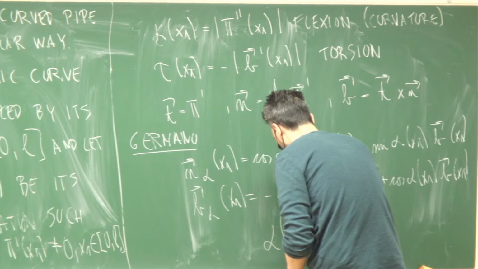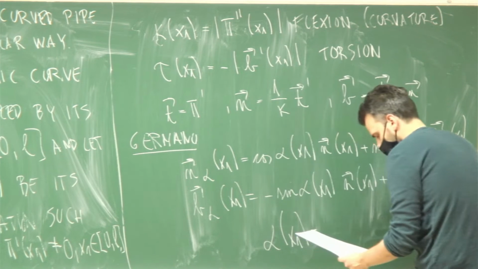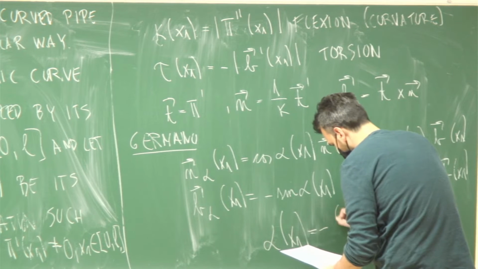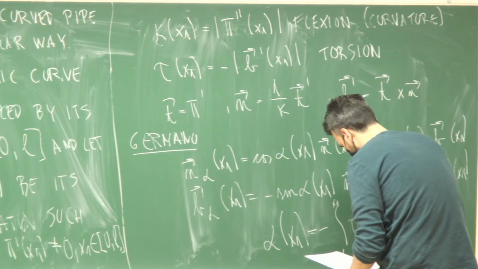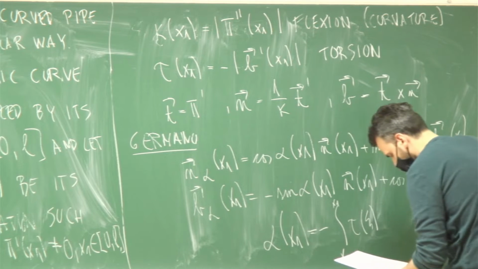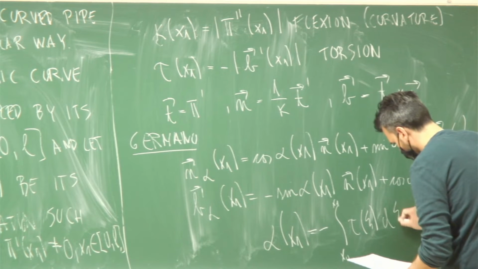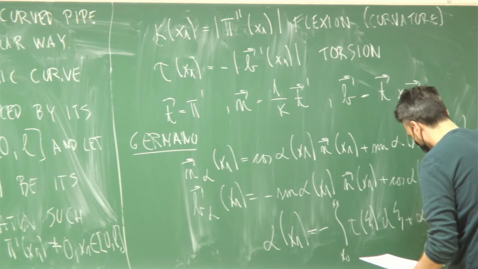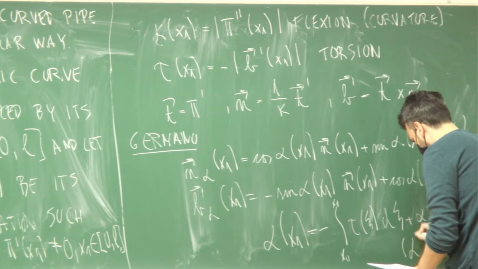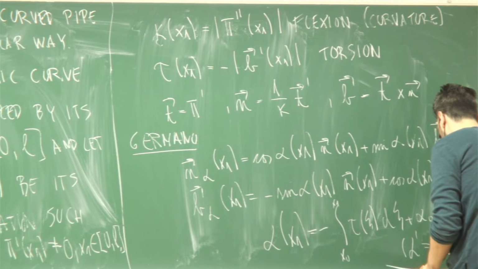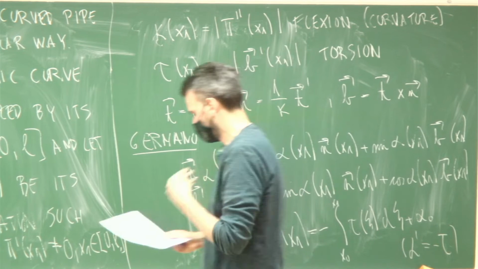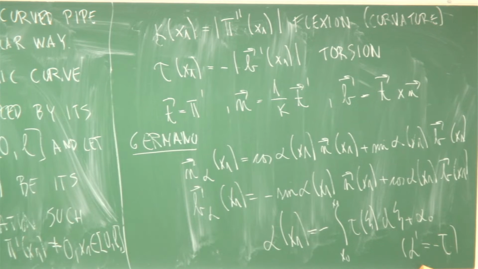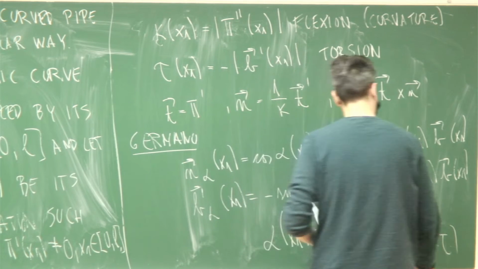This alpha of x1 is for technical reasons defined in this way: minus the integral from x0 to x1 of the torsion, plus some alpha 0. So basically we have that the derivative of alpha is minus the torsion. Okay, so this is, I will not say widely used, but it's often used. So I think it's good for you to see it.